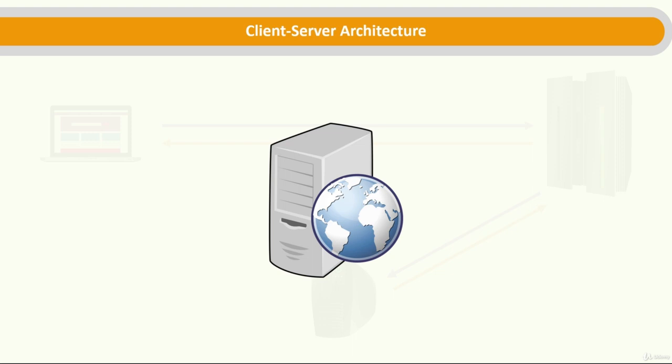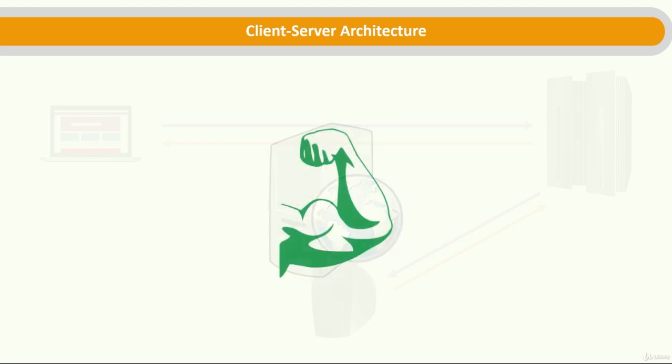Some of them are web servers, some of them are database servers, and there are file servers and mail servers. In the real world, a server has a faster CPU, a higher capacity of RAM and storage, and many more features that make it more resilient than a client, although a simple computer can also be a server.